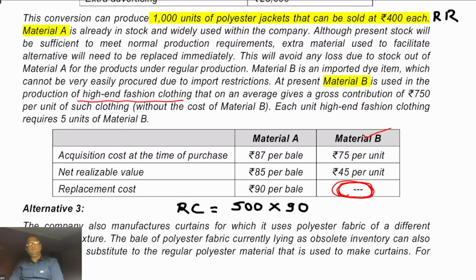Next line. Since the replacement cost of material B is not given in the question, the interpretation will be: raw material B is key factor.